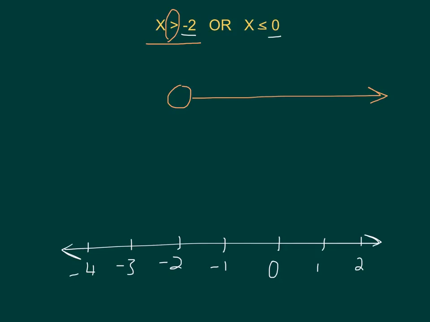I look at my other inequality, x is less than or equal to 0, and I know I'm going to have to fill in my ball this time because it could be equal to 0. Then I look at which way it's going. I draw an arrow in that direction.